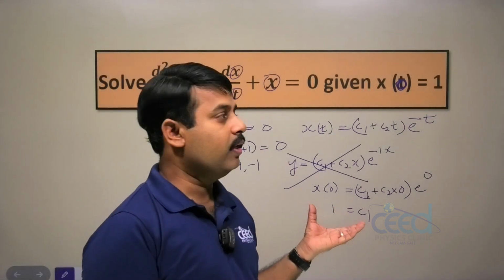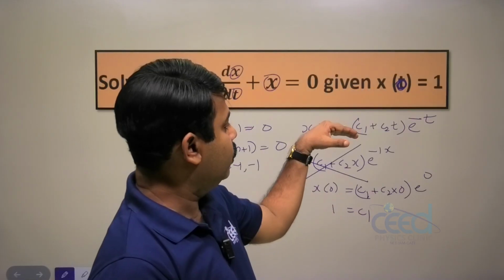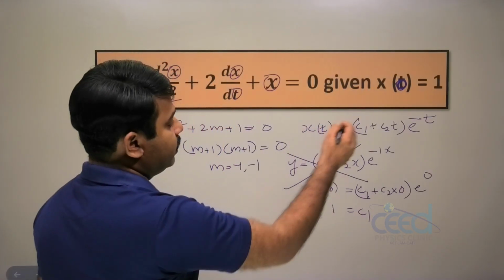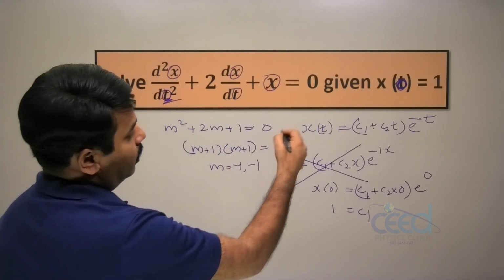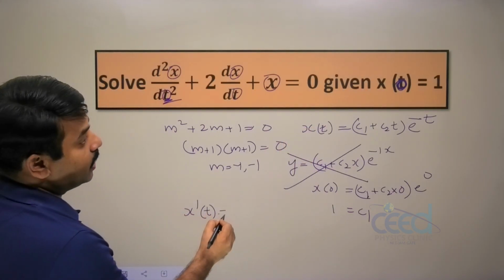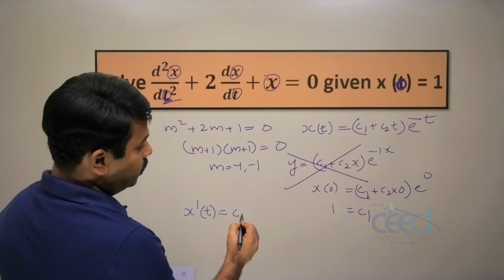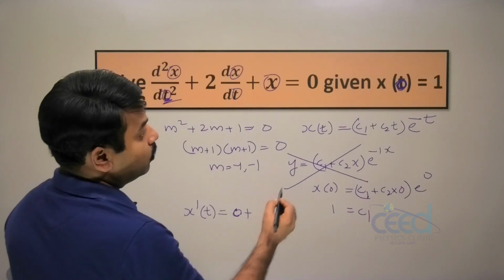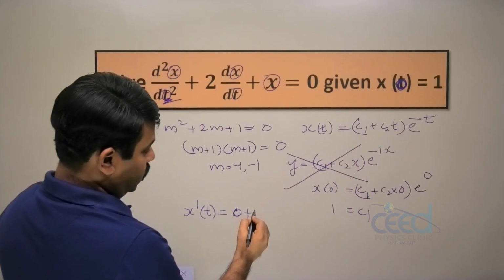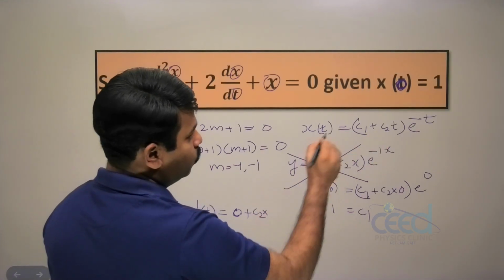After getting c1, we already have the c1 value here. Now differentiate this. What is x dash of t? Differentiate: c1 on differentiating gives 0, c2 into t on differentiating gives 1. So we can use the product rule.